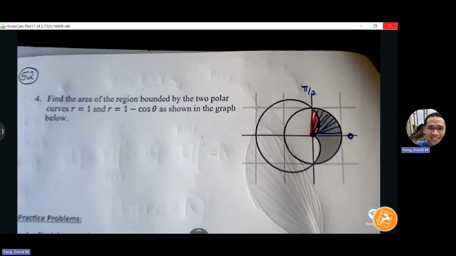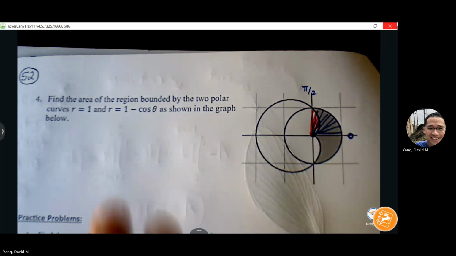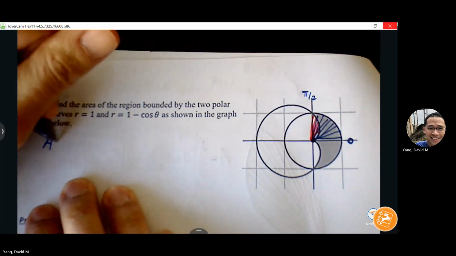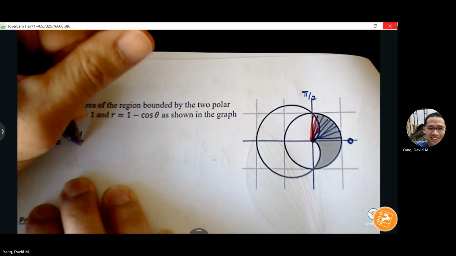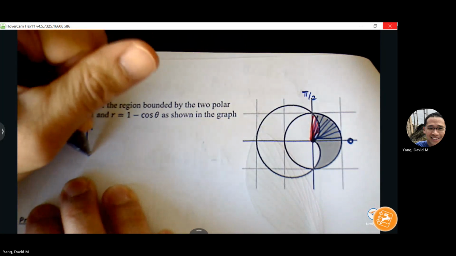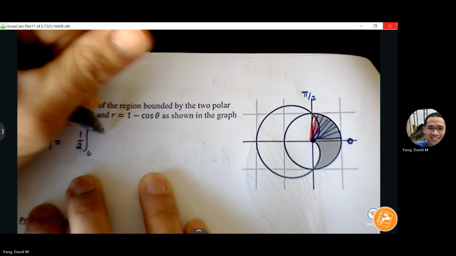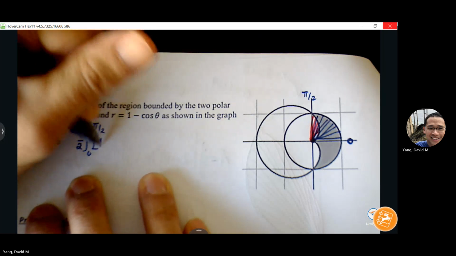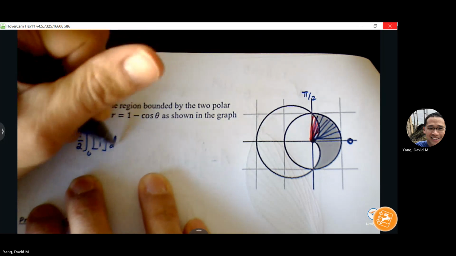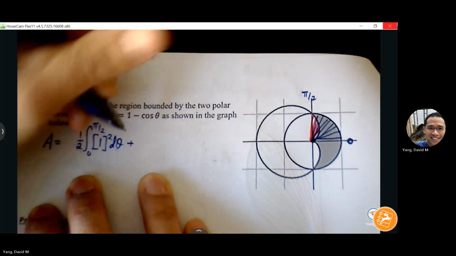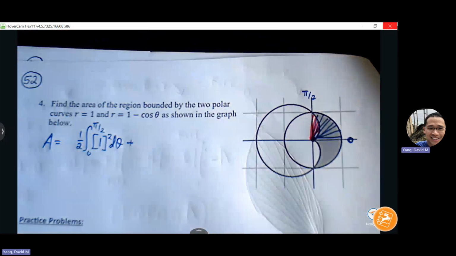And then what remains is that shaded region in the first quadrant. Sorry, minus.